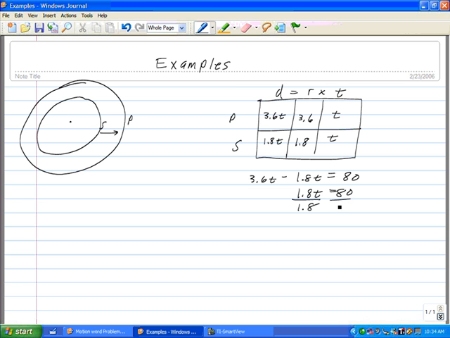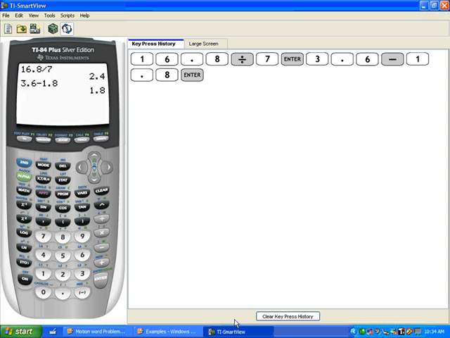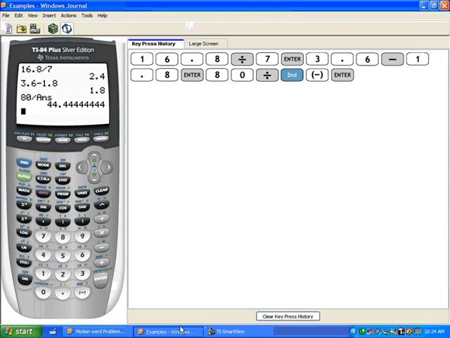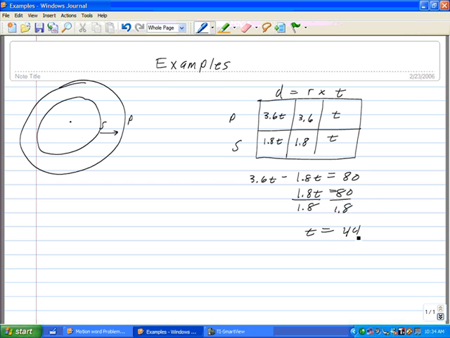When I divide off the 1.8, let's see what that's going to give us. 80 divided by that previous answer of 1.8 is 44.4. So basically we got 44.4, and that's going to be in seconds because our rate was originally given in seconds. So only 44.4 seconds before those two types of waves are 80 miles away from one another.